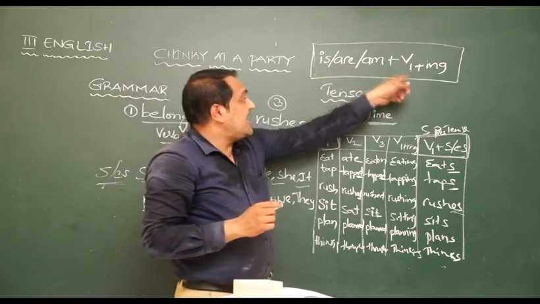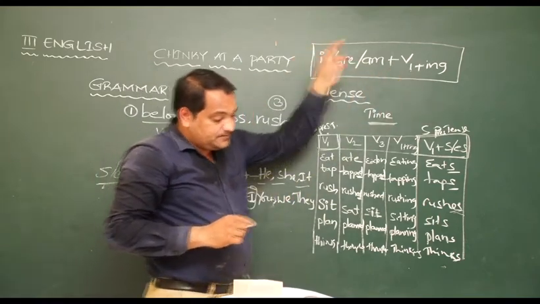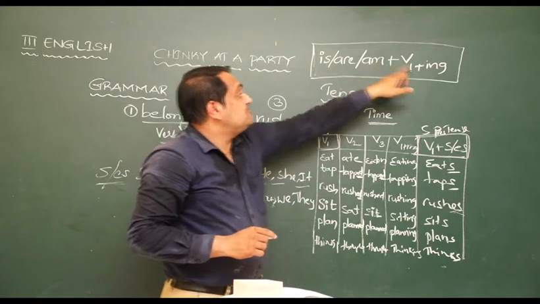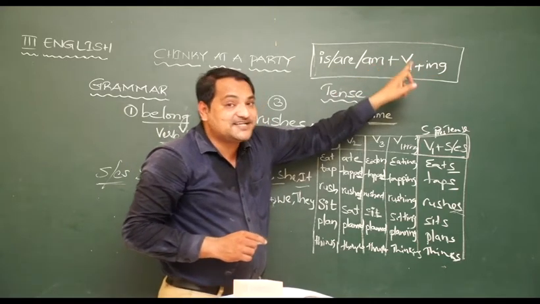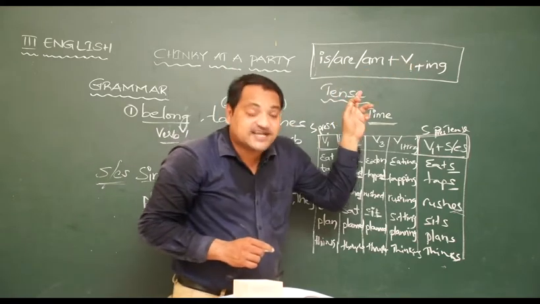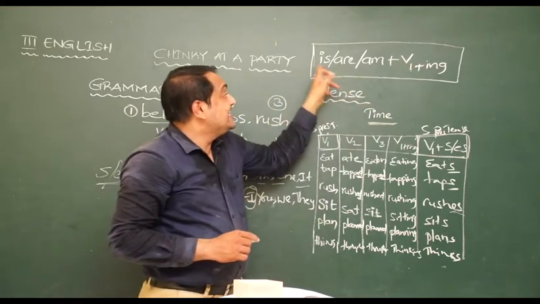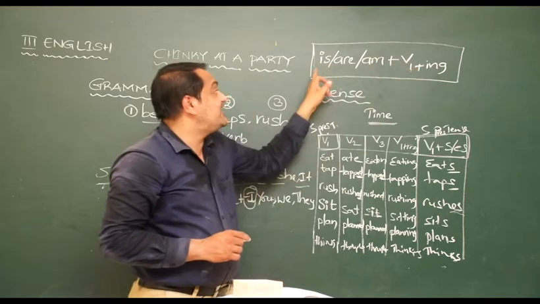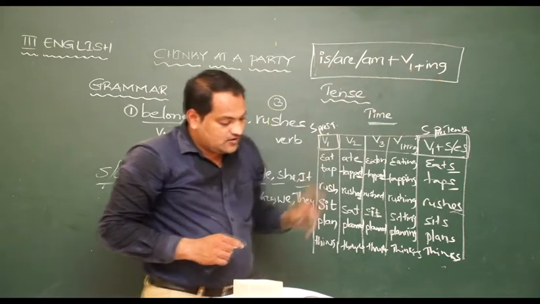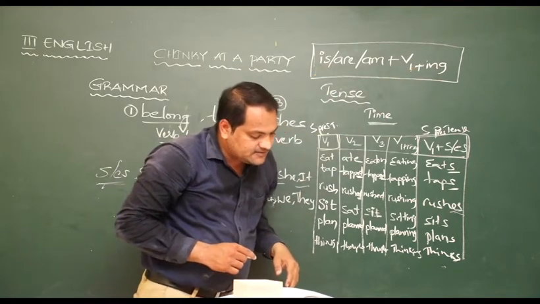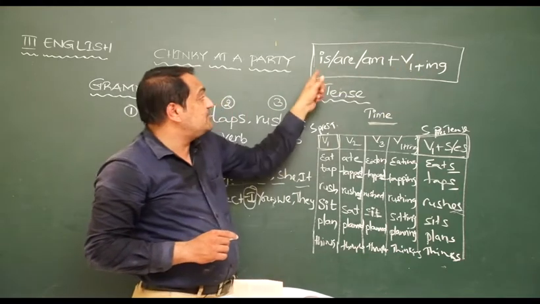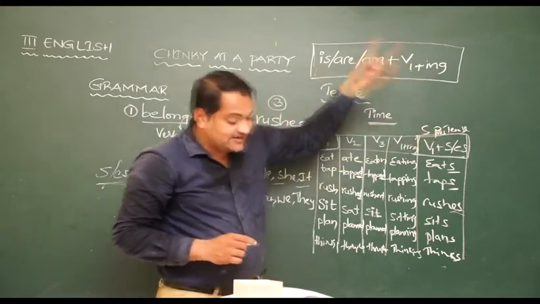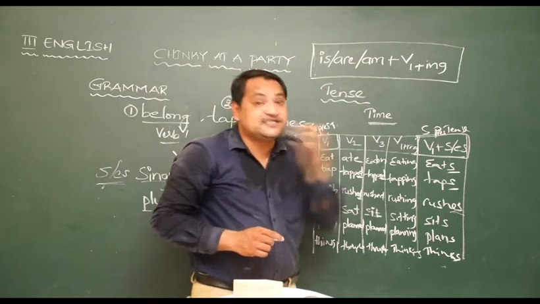For example, I am sitting. Am sitting is present continuous tense. The second example, he is planning. The third example, he is thinking.